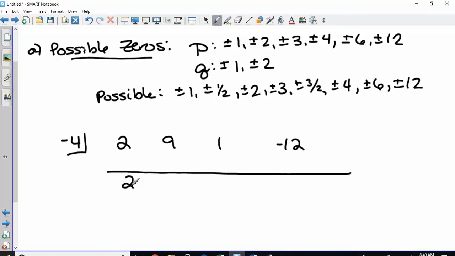So 2 comes down, and it's a series of multiply and add. 2 times -4 is -8. Add, we get 1. -4 times 1 is -4. Add, we get -3. Multiply by -4 and we get 12, add and we get 0, which we would expect because we said it was a 0, so you should get a remainder of 0. That's your remainder, your constant.